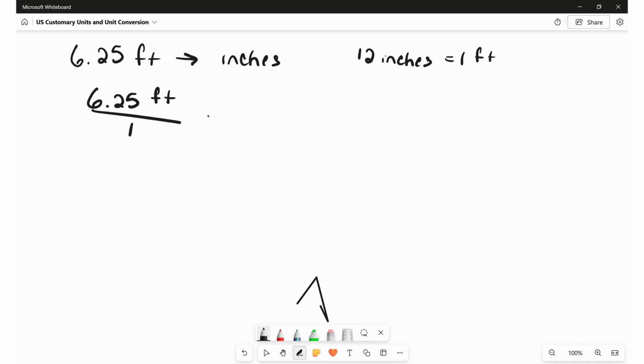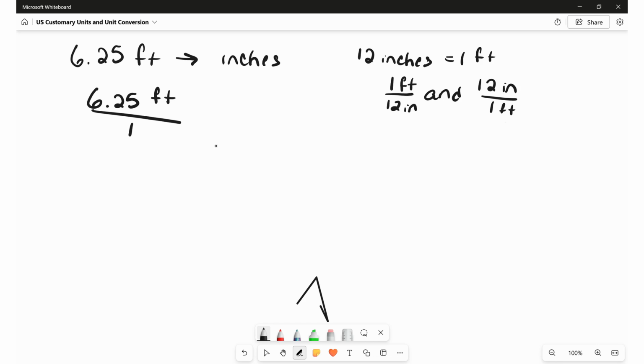So we have two ratios: 1 foot over 12 inches, and 12 inches over 1 foot.